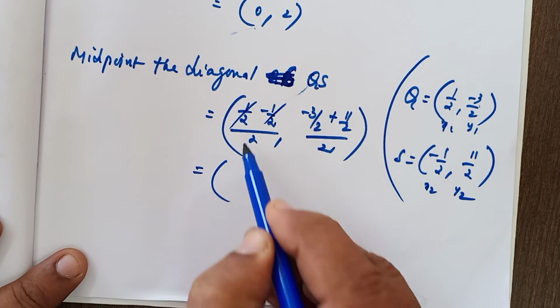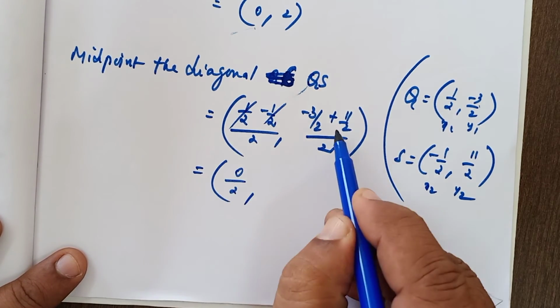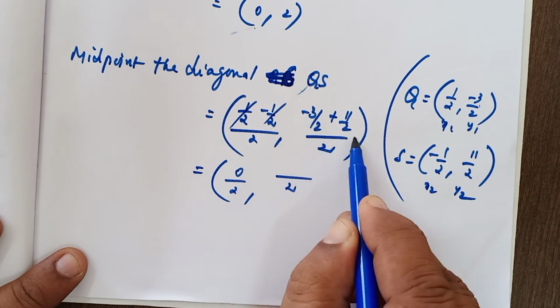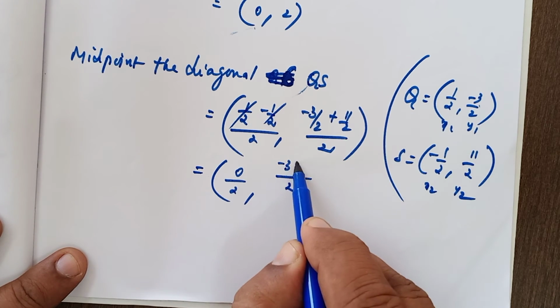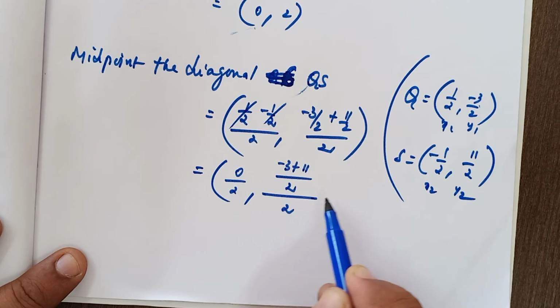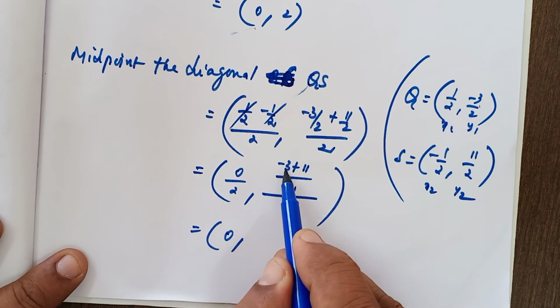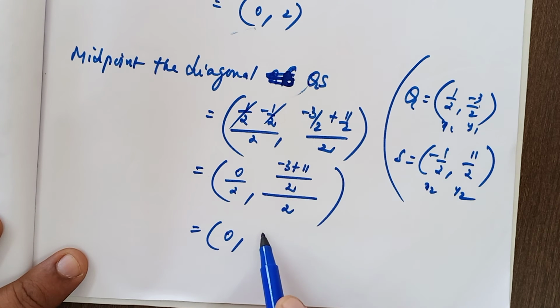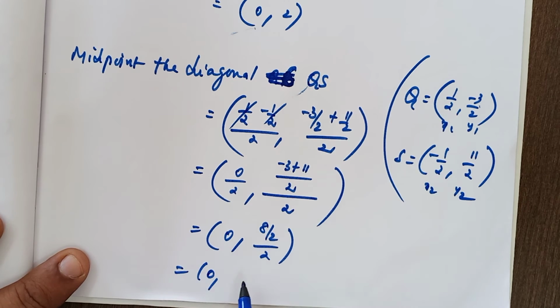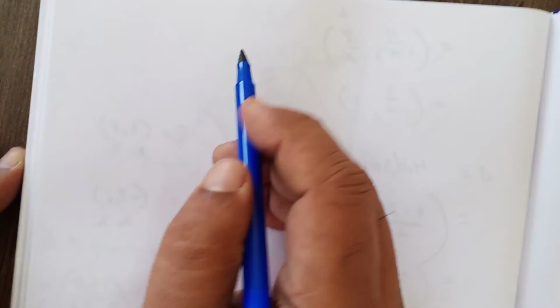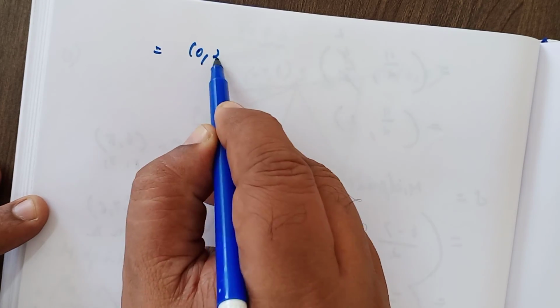Half minus half gets cancelled, 0 by 2. Here 2 is the common denominator, at the numerator -3 plus 11 divided by 2. 0 by 2 is 0, 11 minus 3 that is 8, 8 by 2 by 2, that is 4 by 2, that is equal to 2. So that is equal to (0, 2).